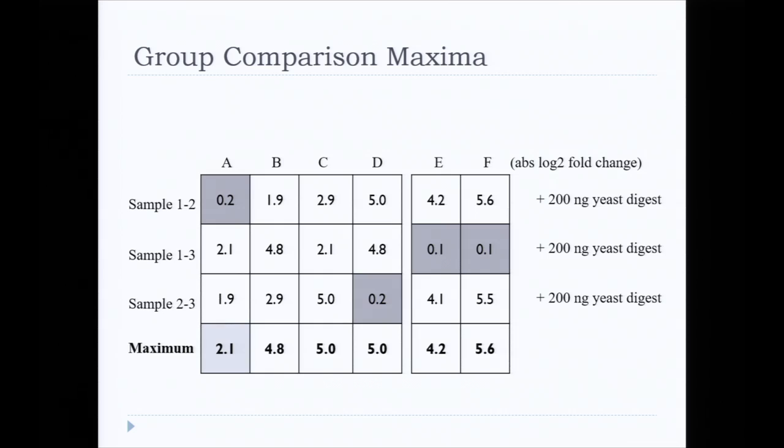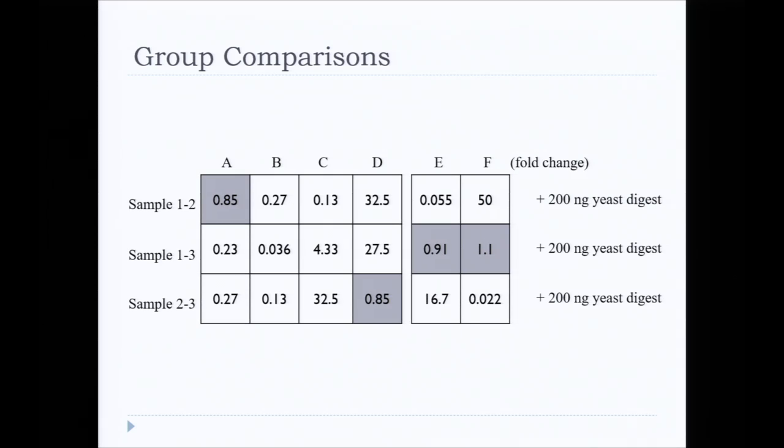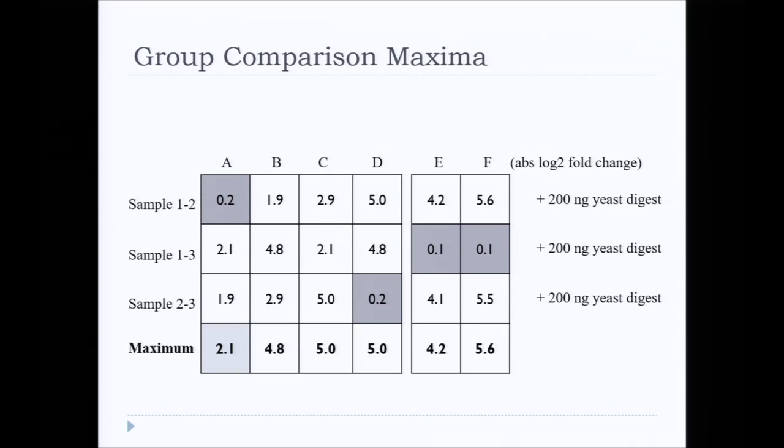Converting that from absolute fold change to log2 fold change, and defining the maximum that we see for any protein, we're seeing 4 to 5 log2 fold change for these 5 proteins. 2 log2 fold change is a 4-fold change, and 5 is like 32, right? And we have as much as 64.